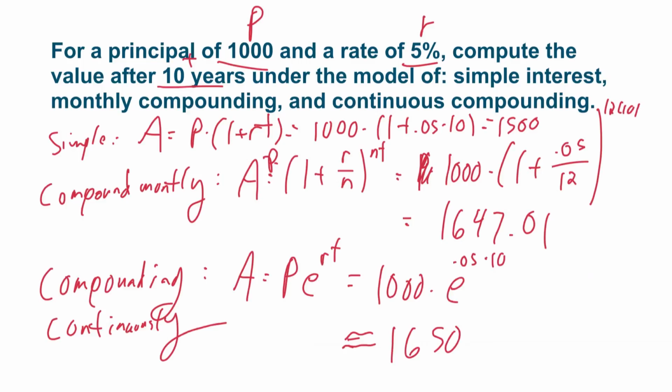So really a very small increase. And this shows us that although there's a benefit to compounding versus following the simple interest model, there's not very much benefit to, say, compounding monthly versus compounding continuously unless you had a very high rate or very high principal.